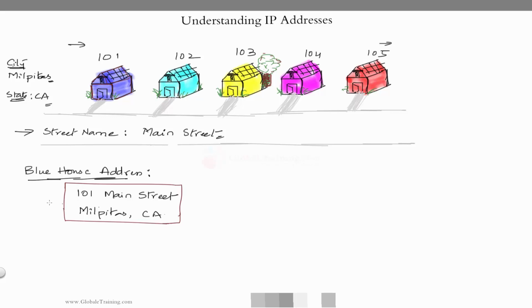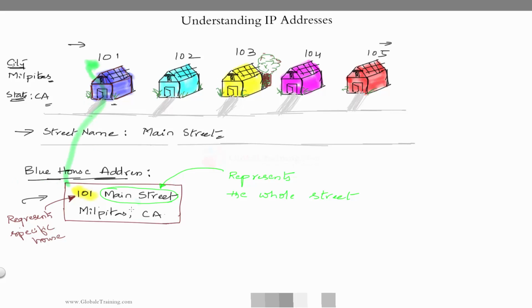So in the United States, this would be the address of the blue house, 101, which represents the actual house, and the rest, this would be the Main Street, represents the whole street. And this is very critical for you to understand.